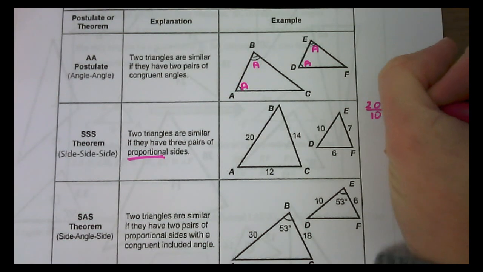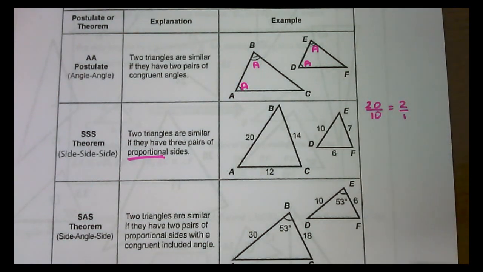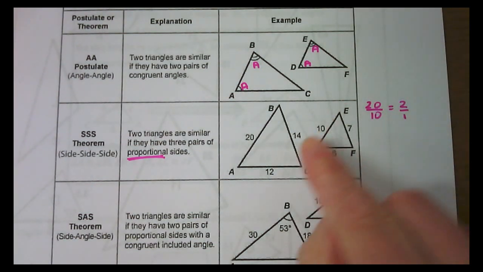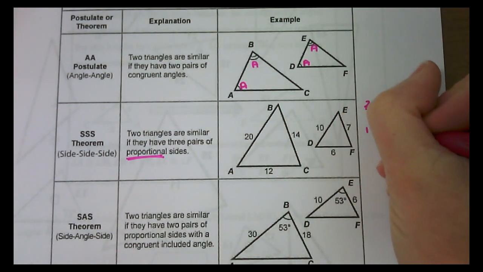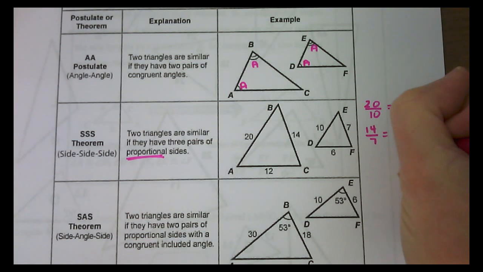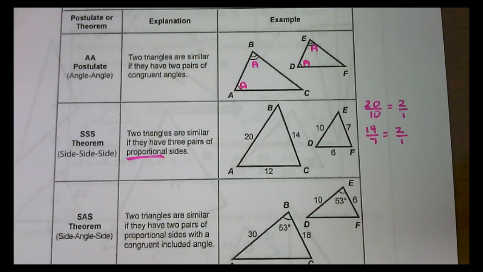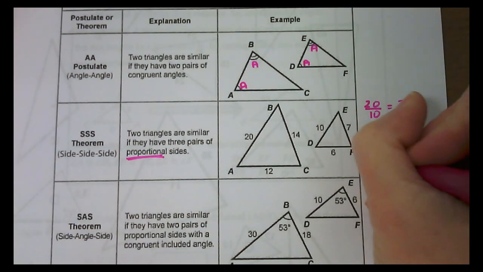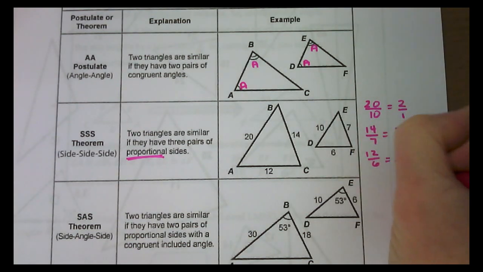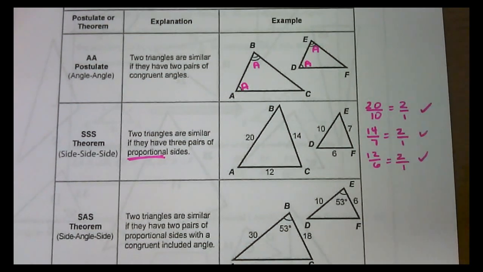That ratio simplifies to 2/1. If I compare the medium side here to the medium side here, that's 14/7, which is 2/1. And if I compare the short side here to the short side here, that's 12/6, which is 2/1. Since all of these reduce to the same ratio, the sides are proportional.